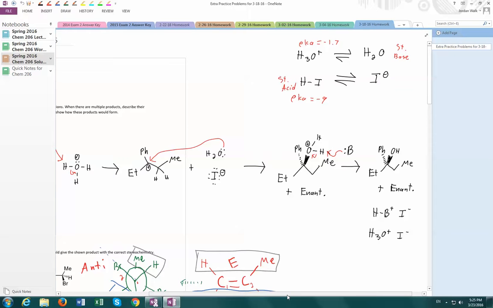So it's just 2 products, ultimately. It's just these 2 here, right? Because it's going through a carbocation, the water can add in from the front face or the back face of the carbocation, and so we end up with the structure I've drawn plus the enantiomer.